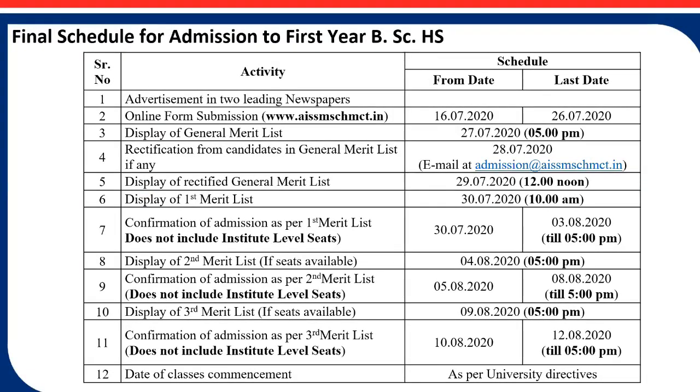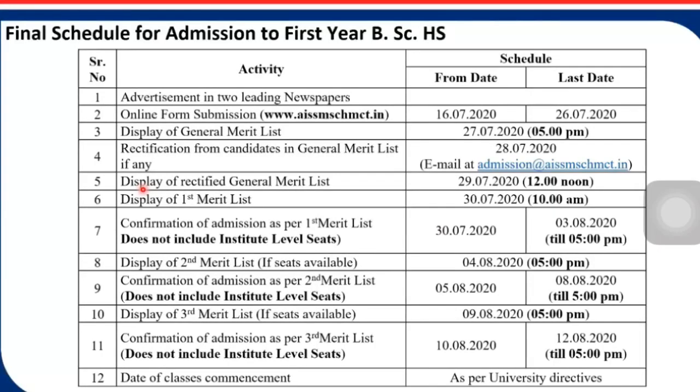All the above merit lists will be displayed in the admission section of our website. Once this admission process is completed, the classes will commence as per the university directives.